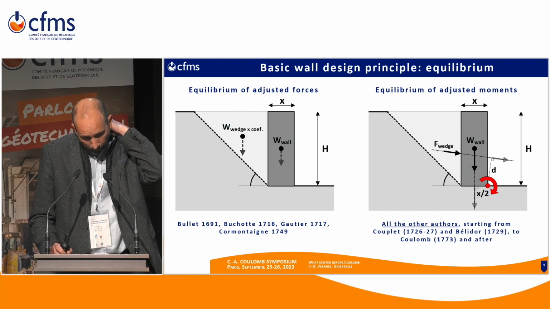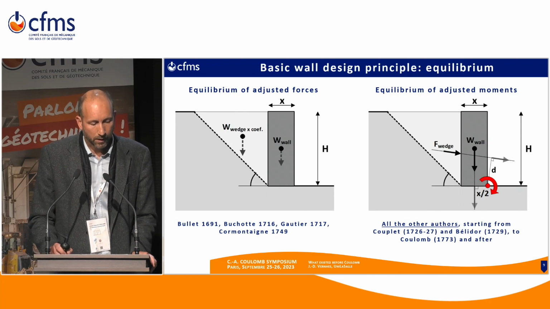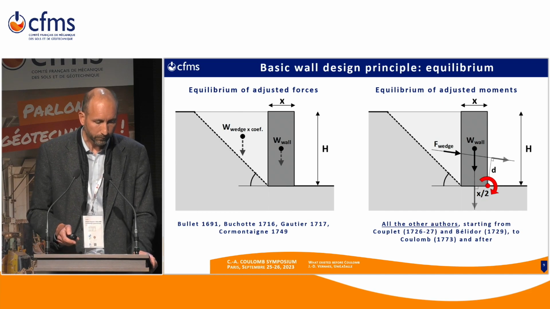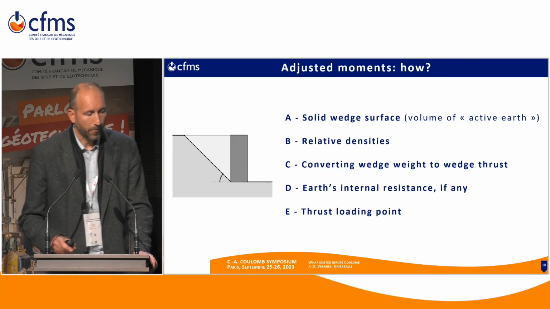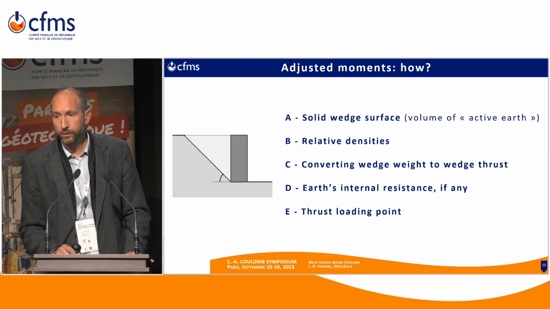So this is why most of the theories, and Coulomb's one is like that, had to find a lever arm somewhere to conclude with this unknown, which is X.